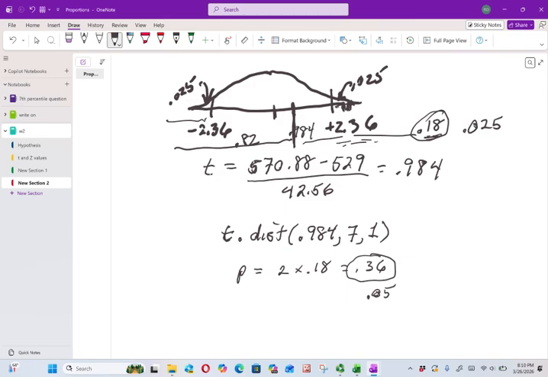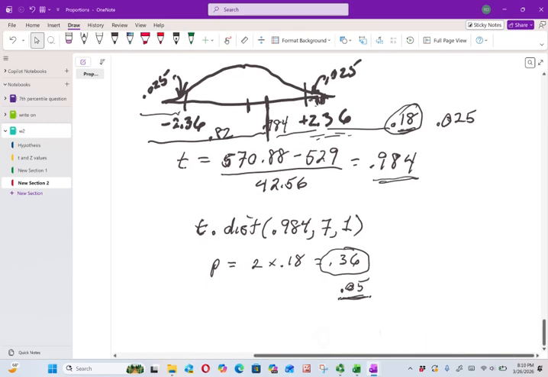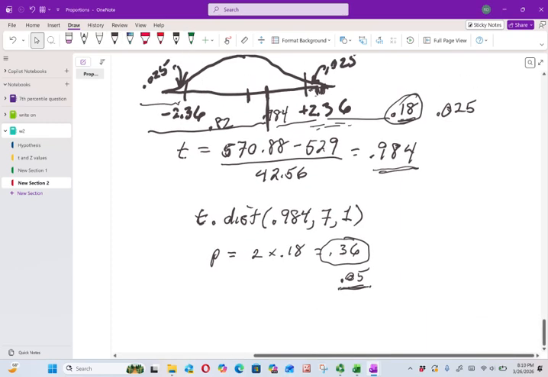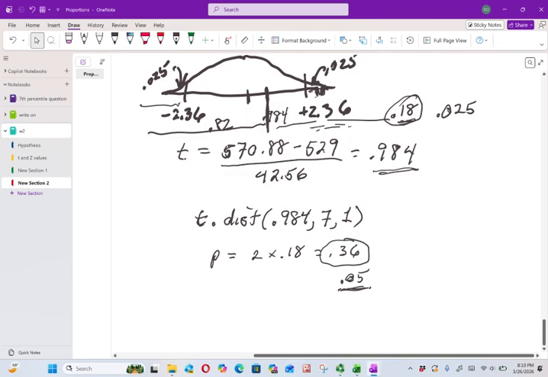And if we look at it from the p-value, the p-value is 0.36, which is much greater than 0.05, which means we're not in either tail. Or looking at it from the 0.984, we aren't at the 0.236 that would be required to reject the null hypothesis. In this particular example, we fail to reject at the 0.05 level, and we can report that.